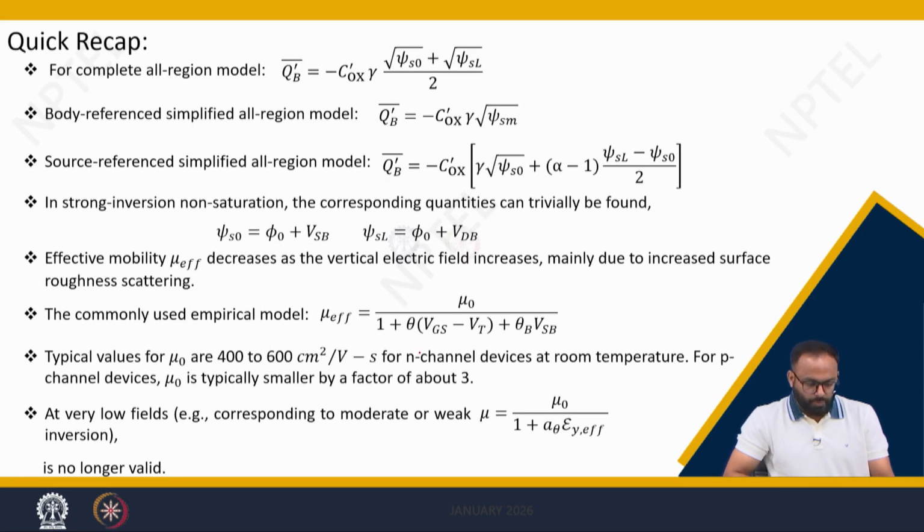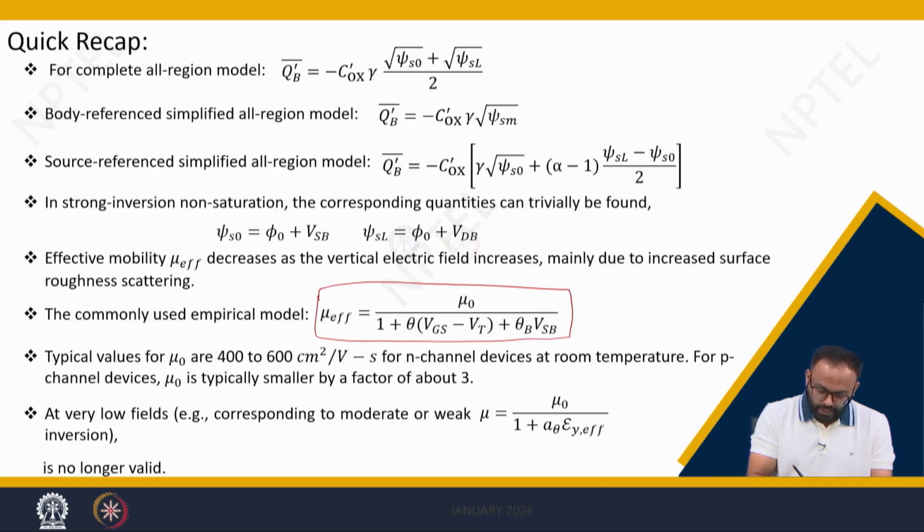Let us start the lecture with a quick recap. In the previous lecture we talked about the effective mobility. We said that the mobility in the MOS transistor is captured by different scattering phenomena: phonon scattering, Coulomb scattering and surface roughness.